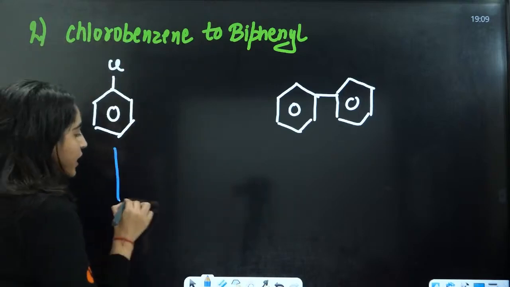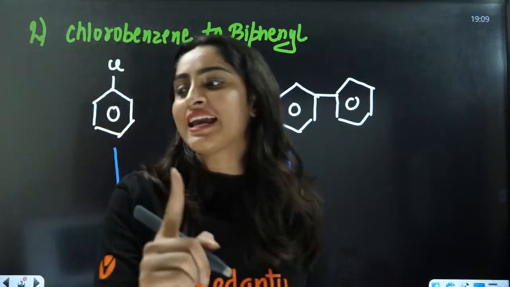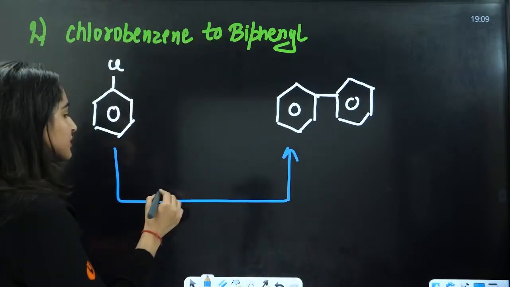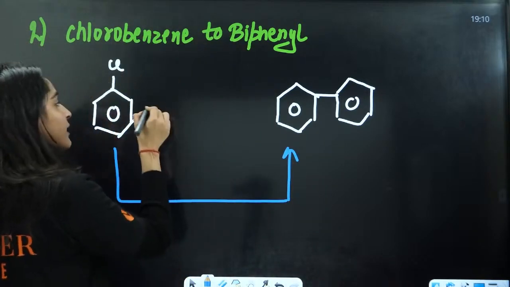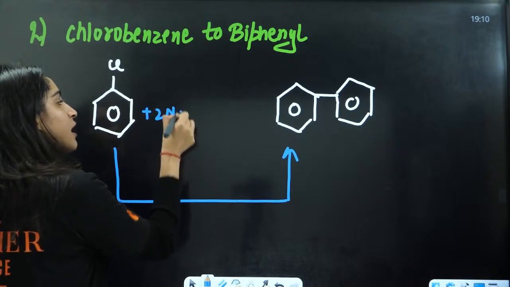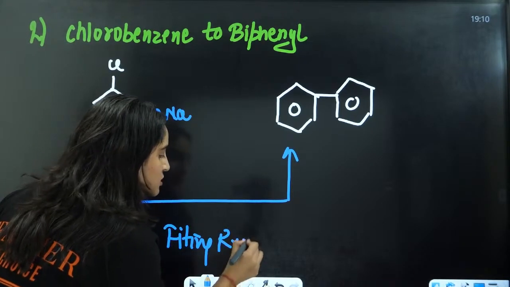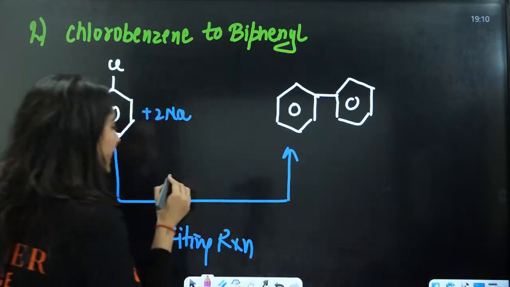So what are we going to do here? This is the Wurtz-Fittig reaction, with 2 sodium, in the presence of dry ether.